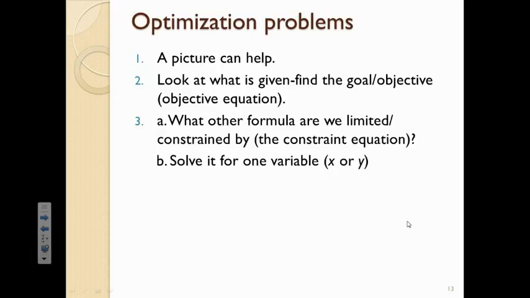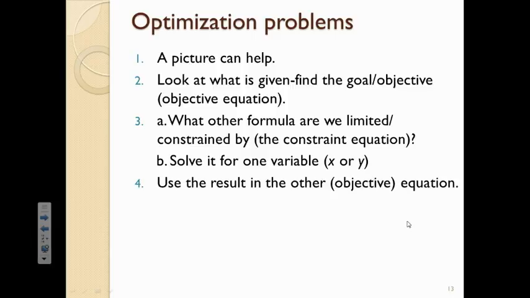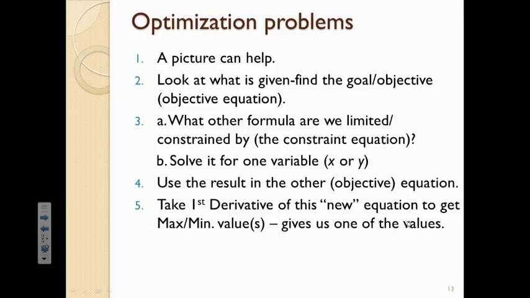Now with that one, we solve that constraint equation for one variable. Solve it for x or solve it for y. Then use that to substitute into the other equation, the objective equation. And that'll give us, again, the maximum and minimum equation. That'll give us an equation, and we find the first derivative of this new equation to find the maximum and minimum values.